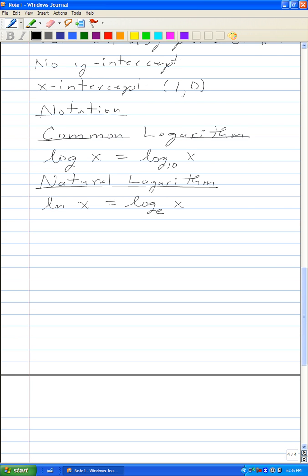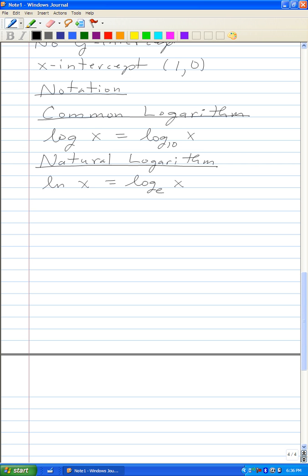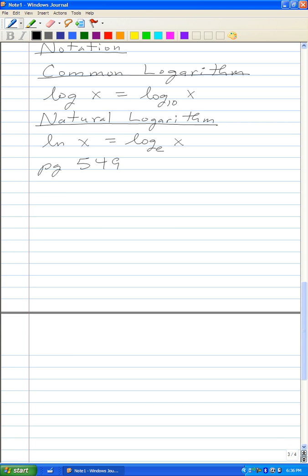So let me do, on page 549, problem number 4, log base 3 of 81 equals 4. In exercises 1 through 20, rewrite the logarithmic statement as an exponential statement.